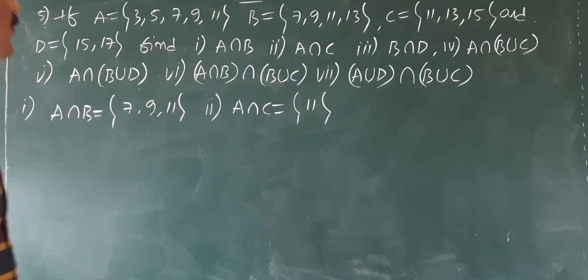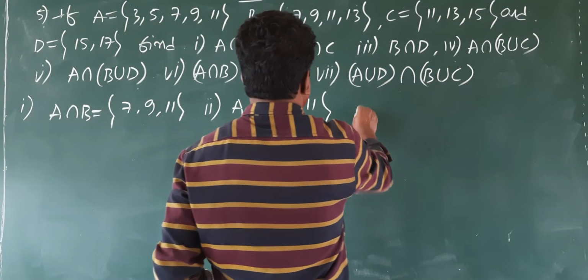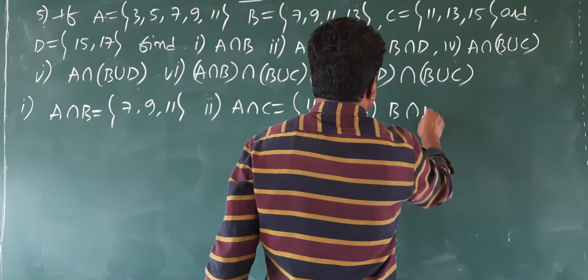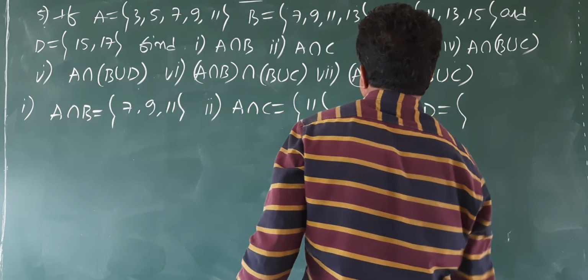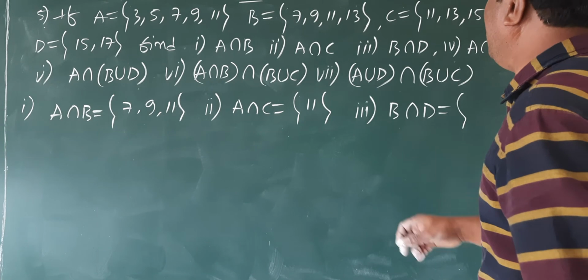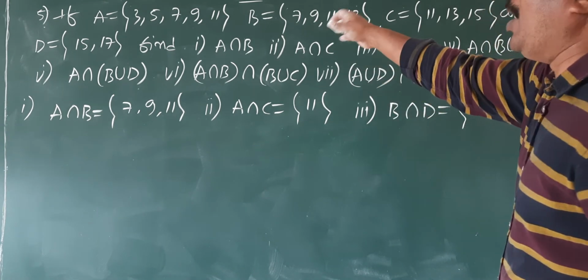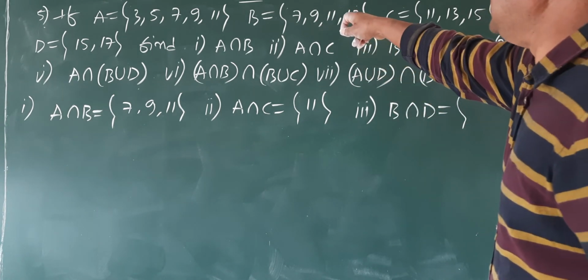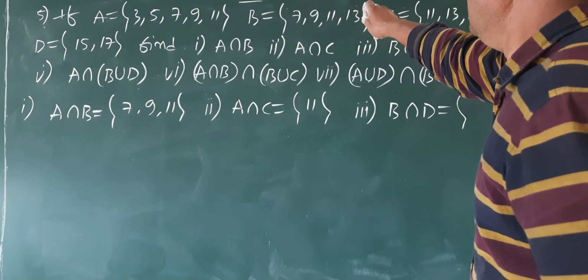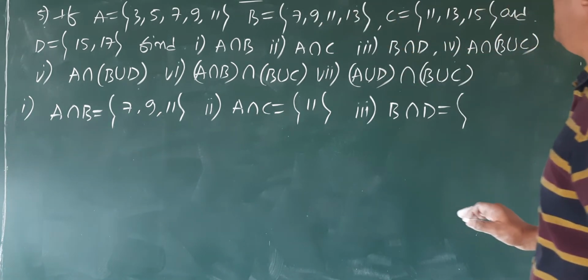So next, let's solve one more question. Write B intersection D. Finding the intersection of B and D, picking common elements from both. Is 7 common? No. 9 not common. 11 is not common. 13 is also not common.